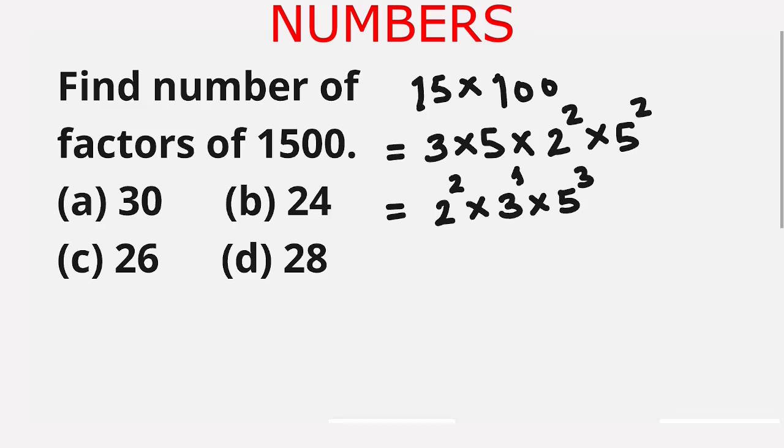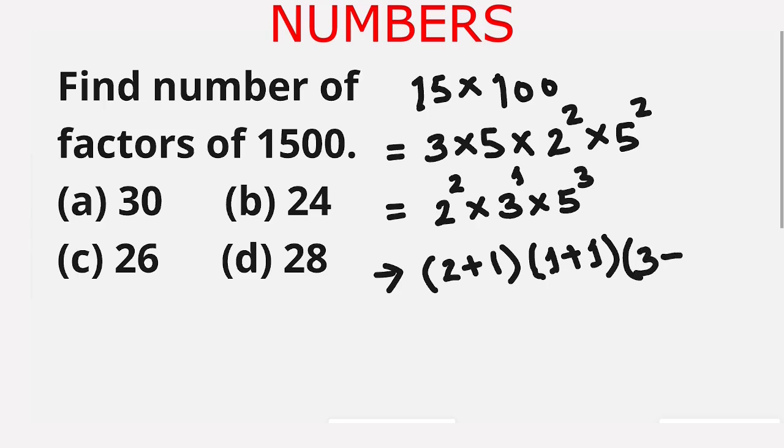Now total number of factors are, the power of 2 is 2, so we can write it as 2 plus 1, multiplied by power of 3 is 1, so it is 1 plus 1, and power of 5 is 3, so we can write it as 3 plus 1. These are the total number of factors of 1500.